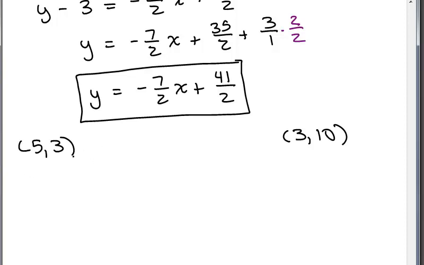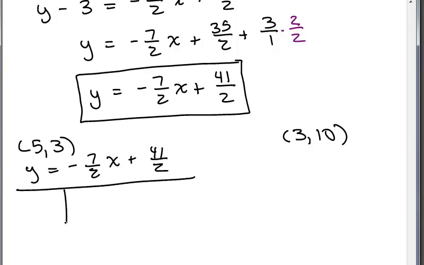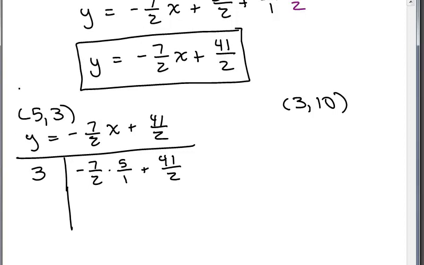If I say y equals negative 7/2 x plus 41/2, let's plug in 5 for x and 3 for y. So I'm plugging in 3 in place of y, and I'm plugging in 5 for x, and we're just going to see if we get the same number on both sides. So we're checking. This is negative 35/2 plus 41/2, which is 6/2, which is 3, so it checks. So 5, 3 is certainly on the line.